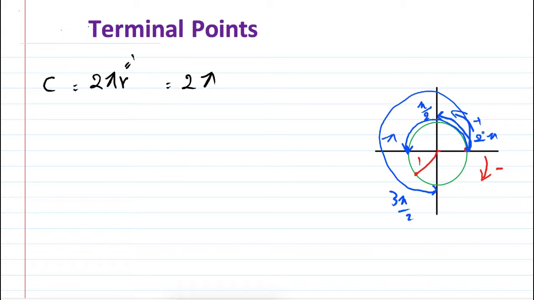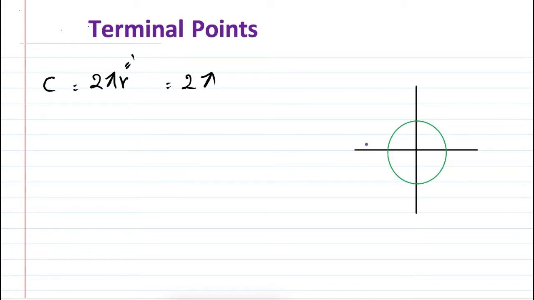So what do terminal points have to do with all of this? Well, terminal points are those points where your distance or your travel ends. This is the unit circle. If I start right here, this is always called the initial point. The point where the unit circle crosses the x-axis on the right side is called the initial point.